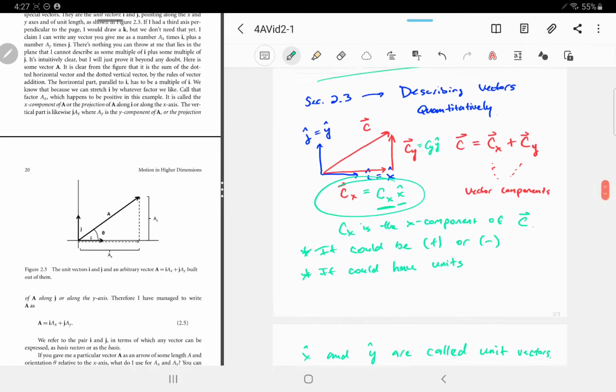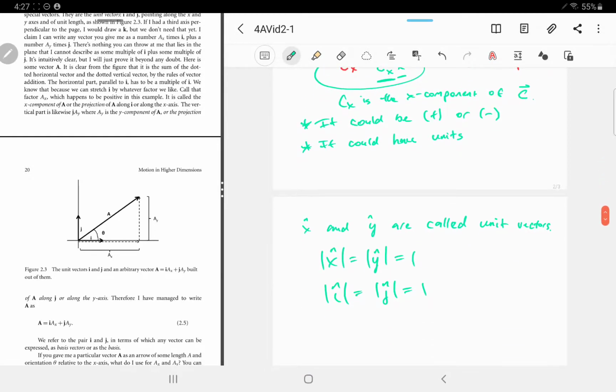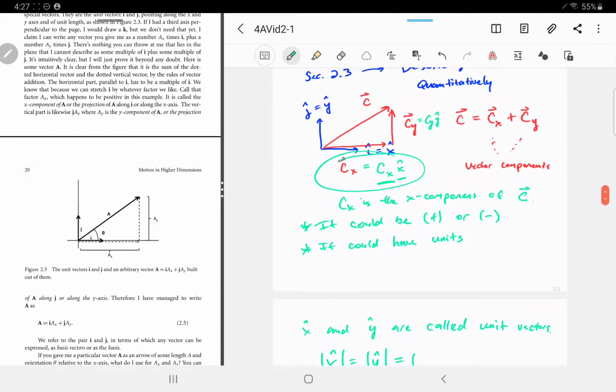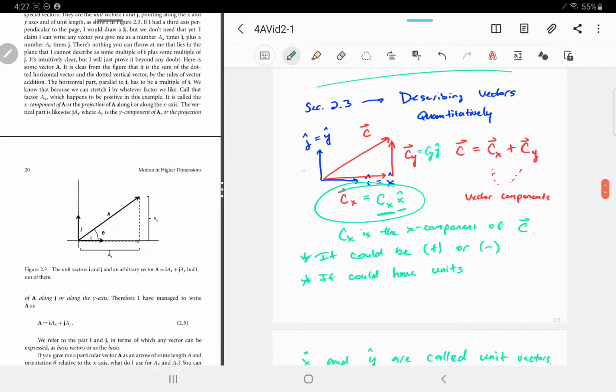Normally when we say the x component of C, we're just talking about Cx, which could be positive or negative. So it's understood that the component is multiplying a basis vector. Now these components depend on your coordinate system. I could have another coordinate system in this direction and in this direction. So instead of x and y, call this maybe u and v.